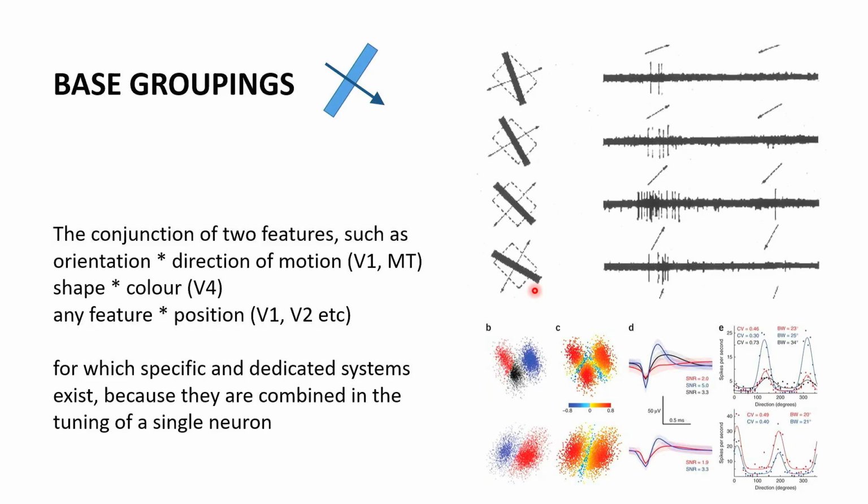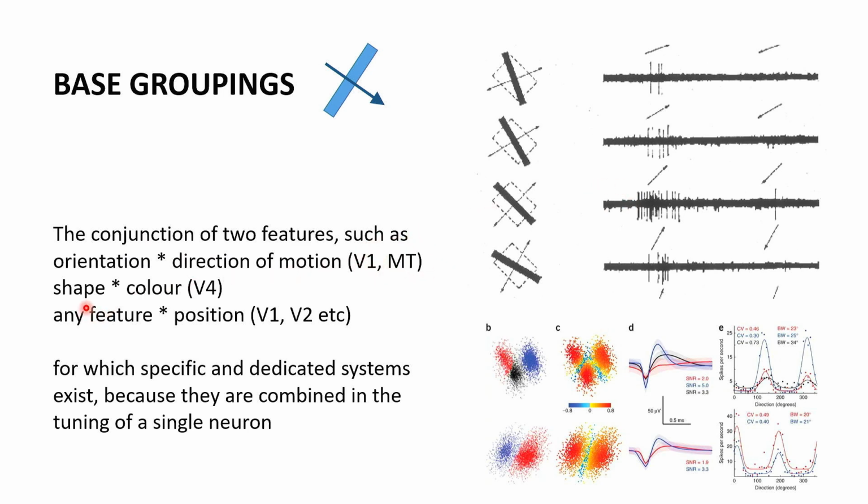It's slightly off and it's already not responding all that strongly anymore. At the same time, it's also very direction selective. If the bar moves this way, it fires action potentials, but if it moves this way, it doesn't. So that's an example where the conjunction, as it's called, of two features is encoded by this neuron: orientation times direction of motion, which happens in regions like V1. This is a V1 cell, for example, but also areas like MT.